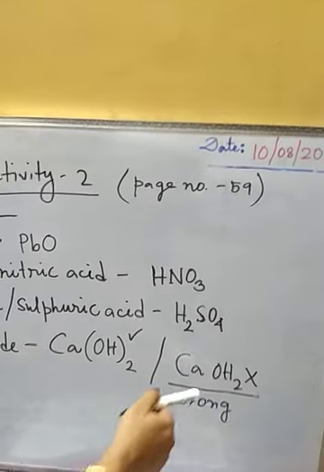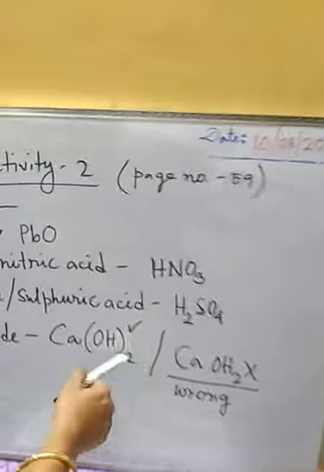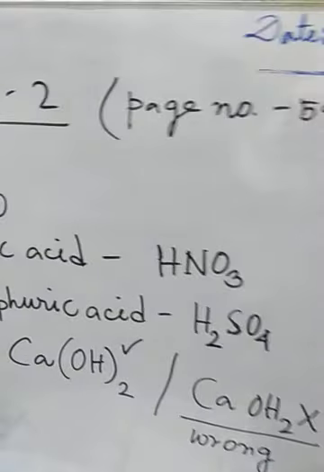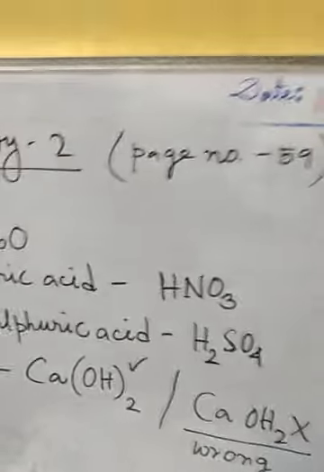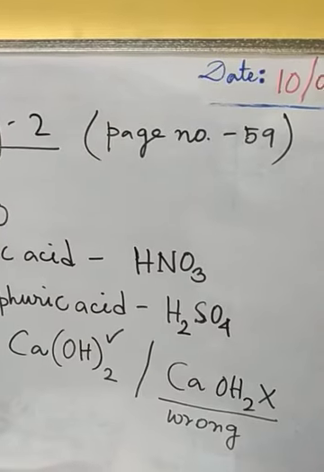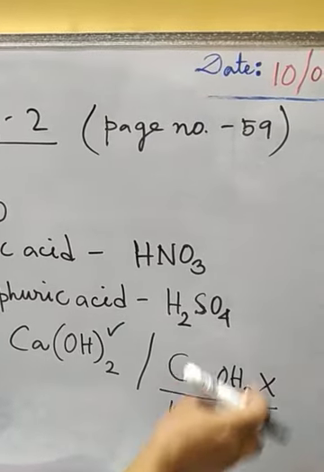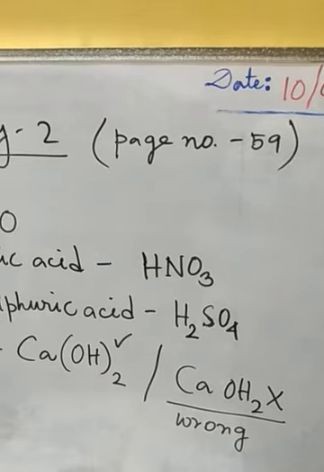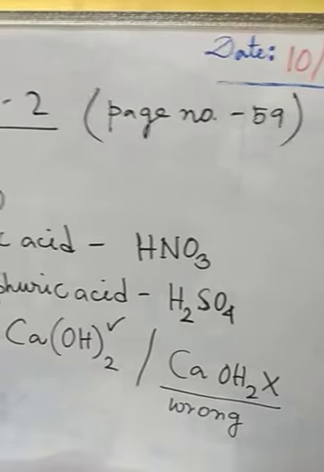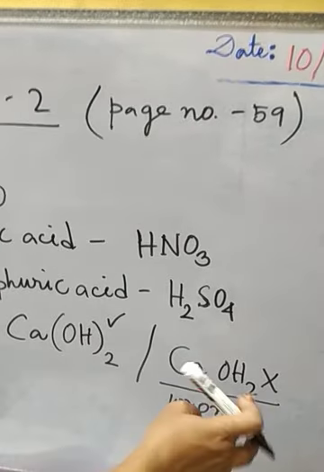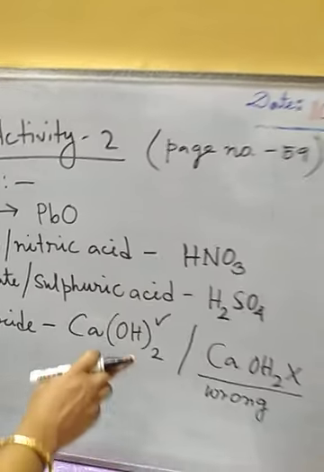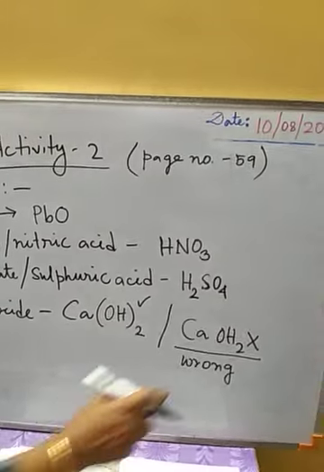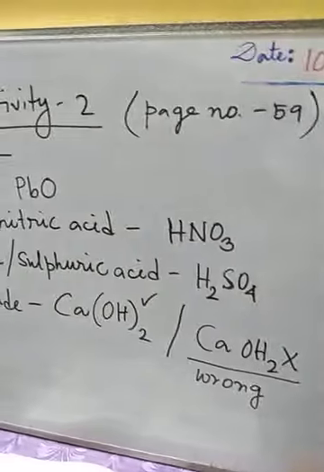As the valency of calcium will go with the whole of this hydroxide, and hydroxide means OH both. So with this whole we have to give the bracket 2. We have to show the valency 2. So we must give the bracket here. So this is the correct formula and this is the wrong form of it.